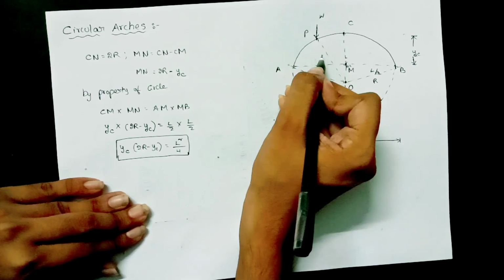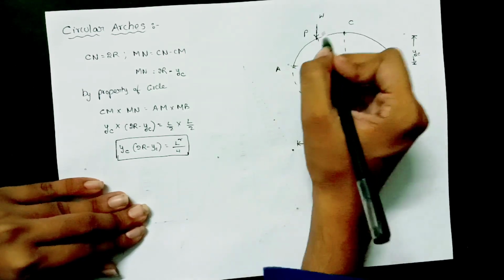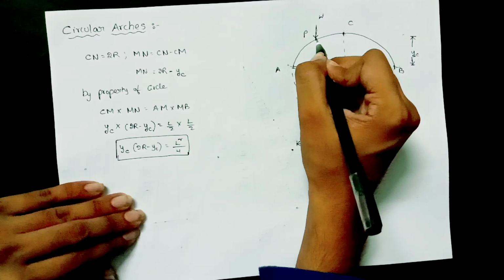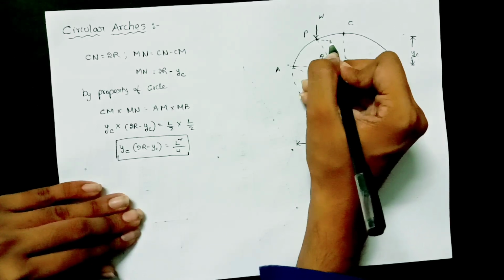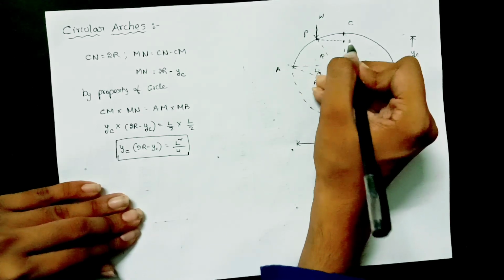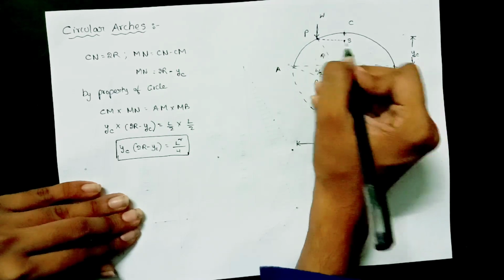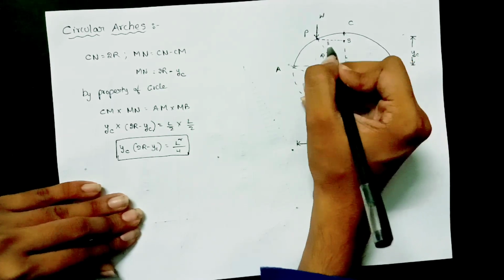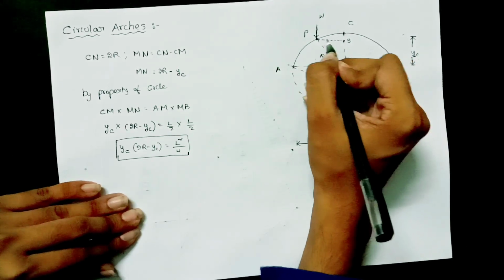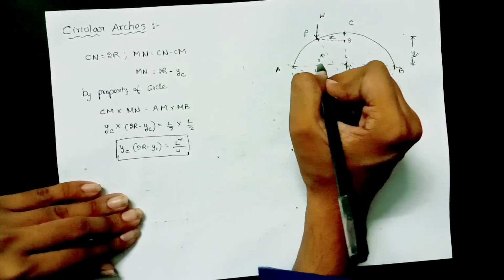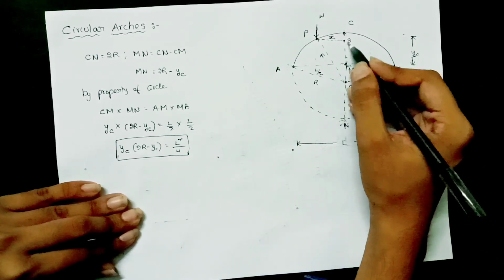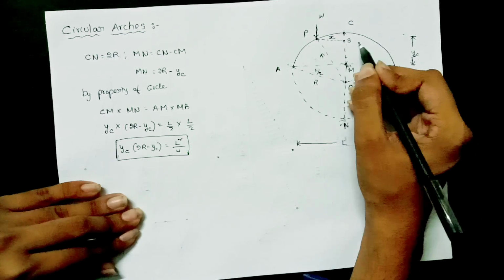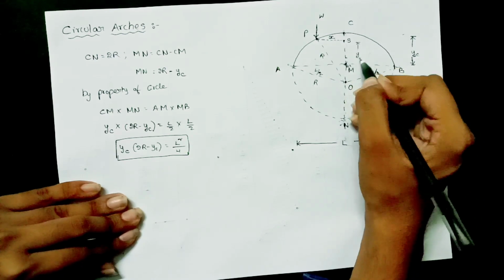OP is nothing but the radius R. Now from this point I will project one horizontal line and meet at point S. This horizontal distance is X, and from S to M the vertical distance is Y.